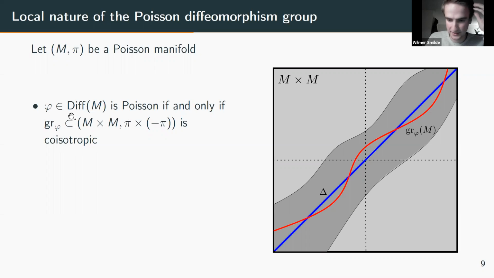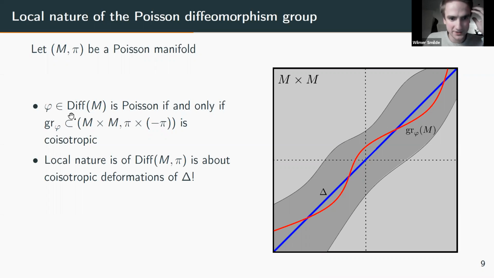So this is a nice geometric characterization. If you want to describe the Poisson diffeomorphisms that are close to the identity, then we're really looking at coisotropic deformations of the diagonal inside this product.